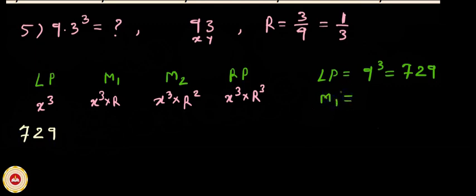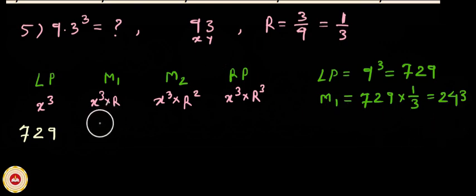Middle part 1 is x cubed, that is 729, multiplied by 1 upon 3. That means x cubed multiplied by the ratio. 9 cubed is 729. Ratio is 1 by 3, which gives us how much? 243. Write 243 in the middle part 1.